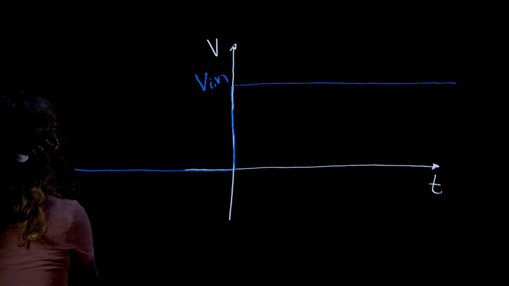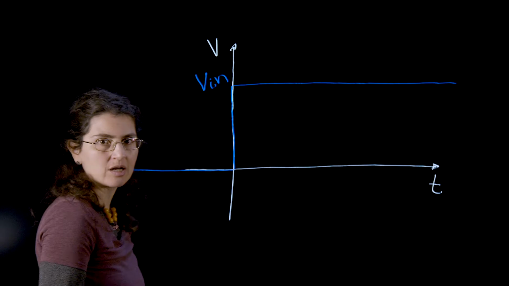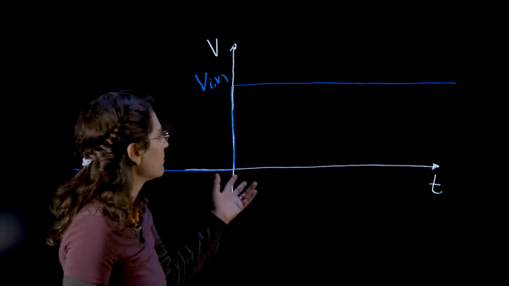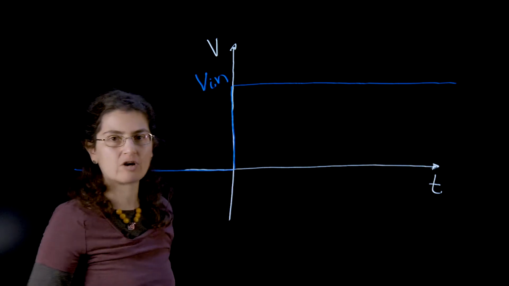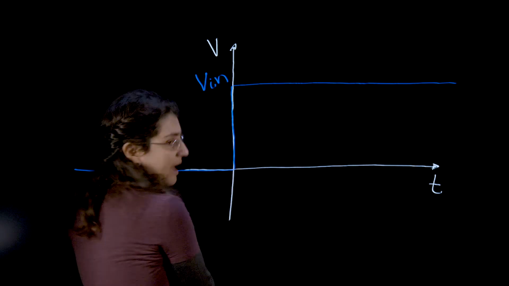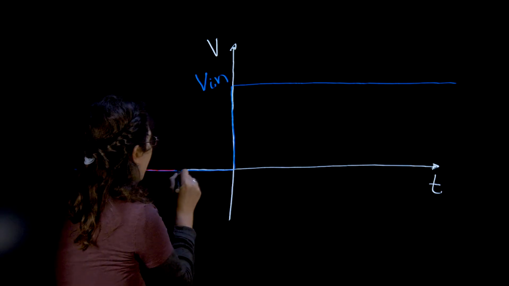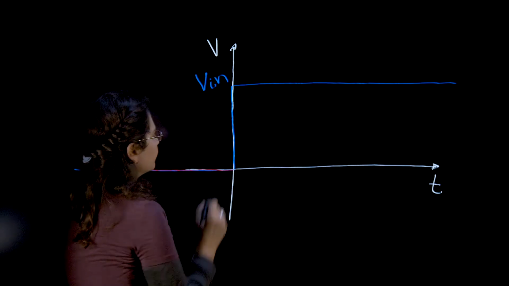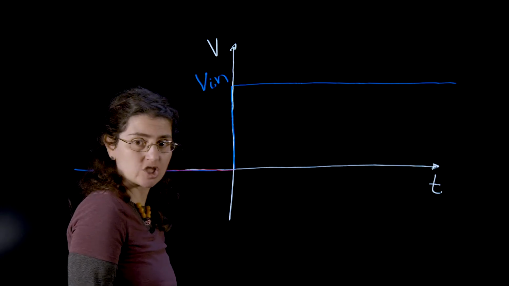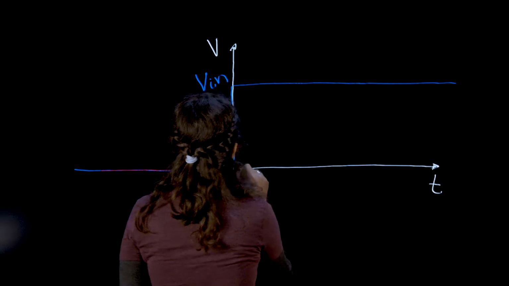And when we plug that equation into MATLAB, put in many time values and values for R and C, we get a curve that looks like this. At the beginning, everything was switched off, so everything's 0. And then as soon as the voltage source is switched on, my capacitor will start charging slowly with this curve.